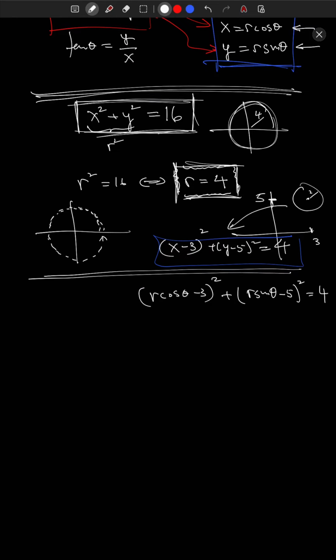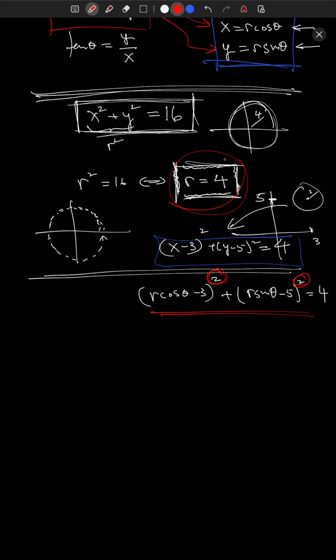So this guy is not so nice because if we try to do simplifications, this square and that square, when you multiply them out, you're going to get cross terms, and so you're still going to end up with a lot of r's and cosines and sines. So in this situation, it's not that nice. It's not as nice as this guy, r equals 4.